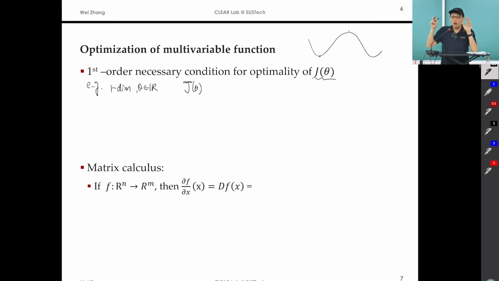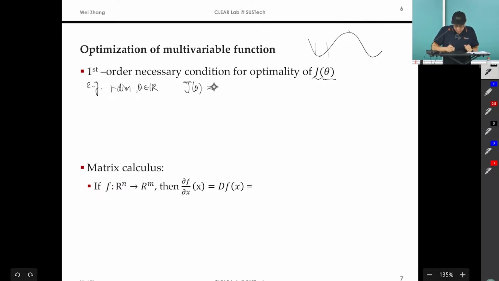A local optimizer means locally, very close, because further away there may be other things. We cannot get that information from the gradient or derivative. We can only get information regarding the function shape locally around the point where we take the gradient, and it means locally I cannot find any better solution.